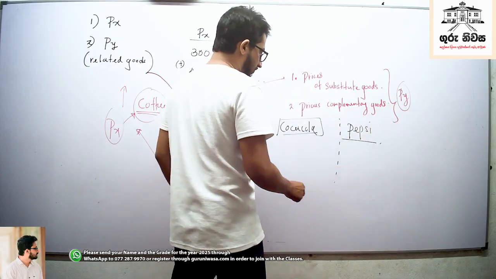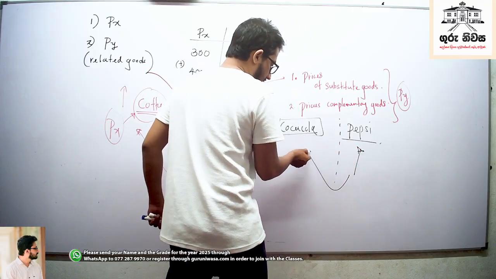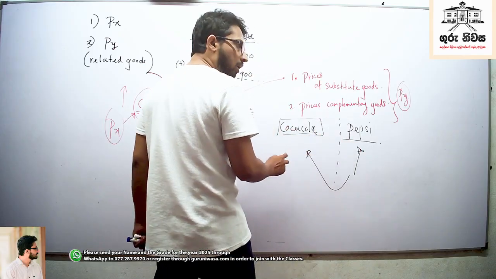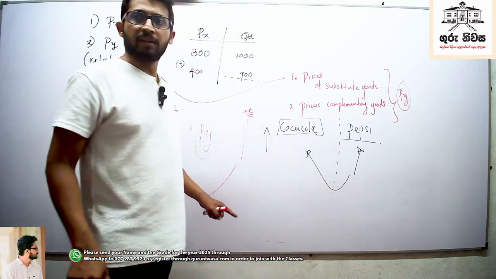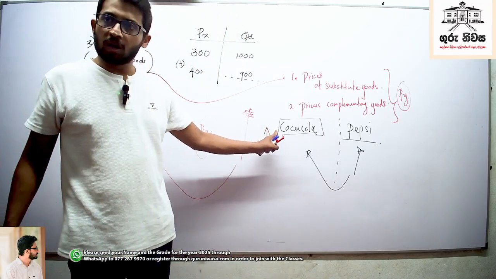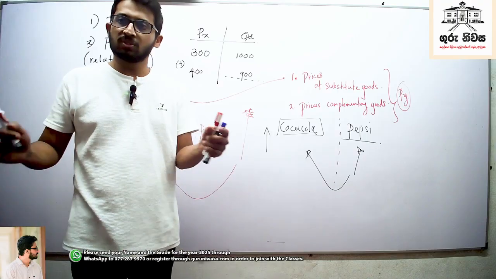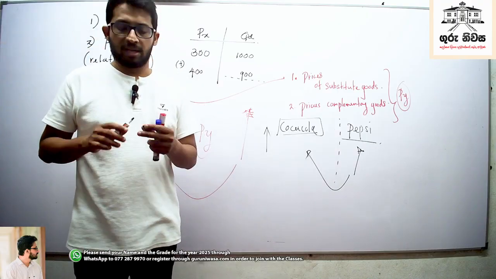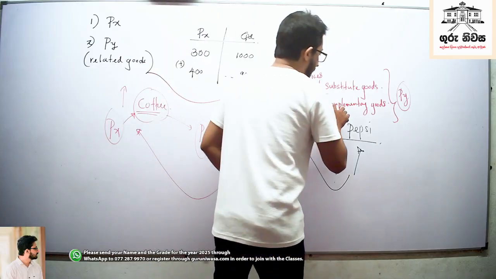Then if the Pepsi price increases, the demand for Coca-Cola will also increase. You can see demand of Coca-Cola is affected by Pepsi price. So prices of substitute goods directly affect demand of a product. What about complementary?